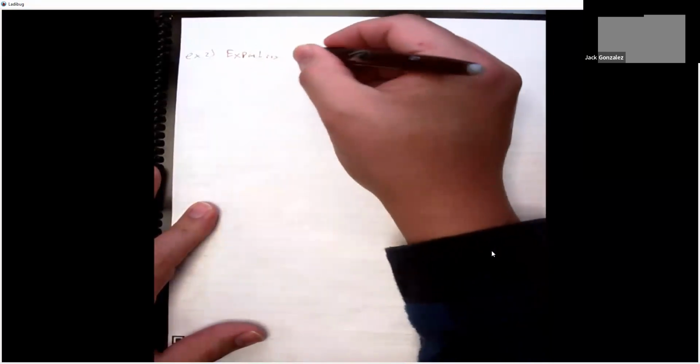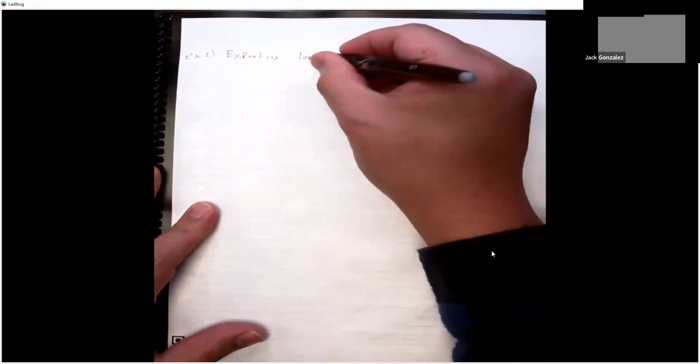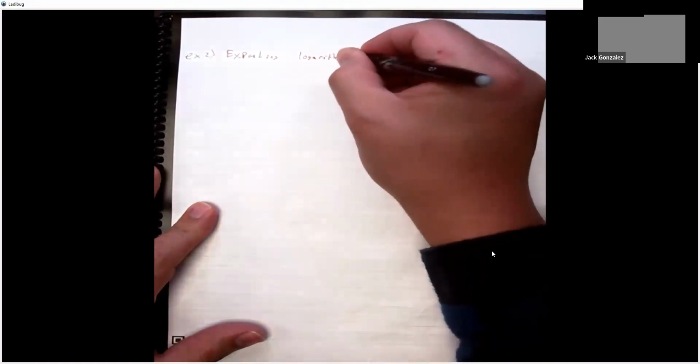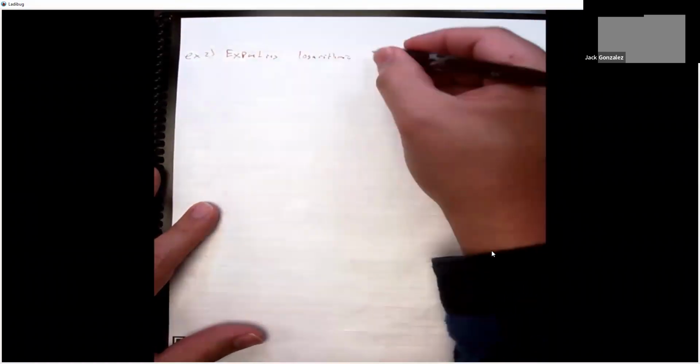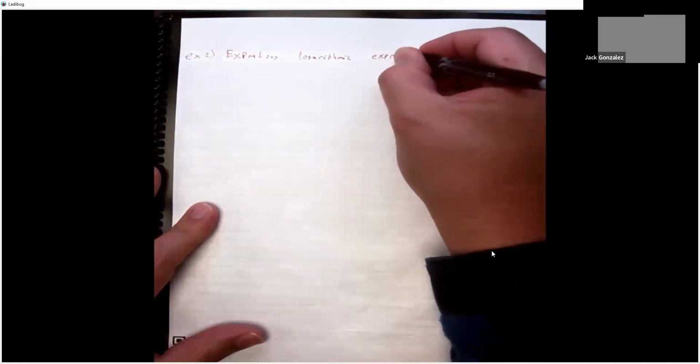Okay. Example 2. So let's practice expanding the logs and then combine them, and then we'll stop there for today. Expanding logarithmic expressions.